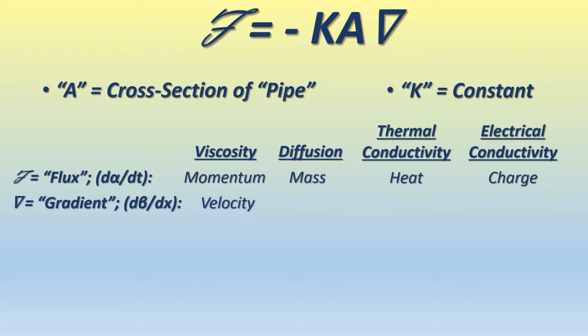For viscosity, that is a change in velocity over distance. Diffusion is a concentration gradient across a distance. Thermal conductivity, you have a temperature change across a distance. And in electrical conductivity, you have a voltage drop or a change in potential.